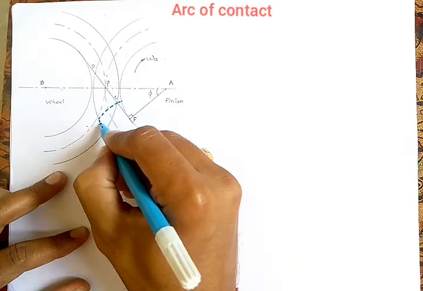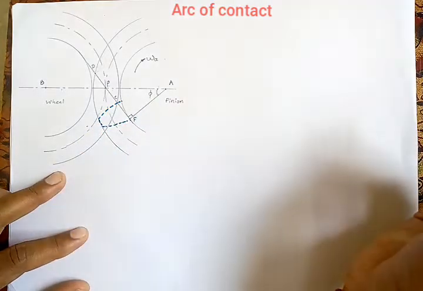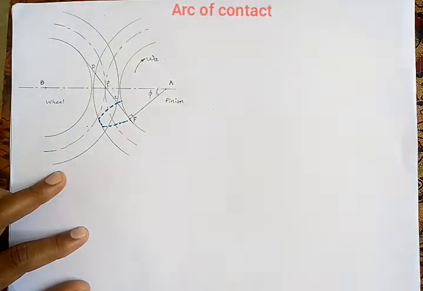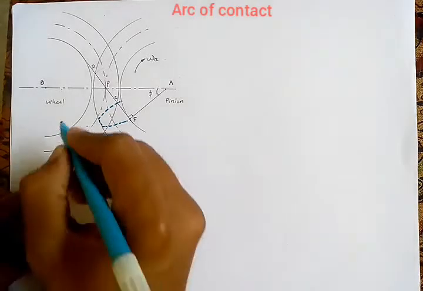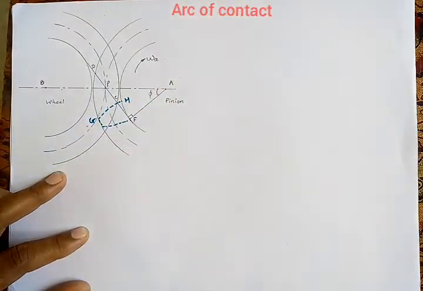I have drawn the involute tooth over here like this. Let us consider this profile is named as GH when the contact between two teeth starts.